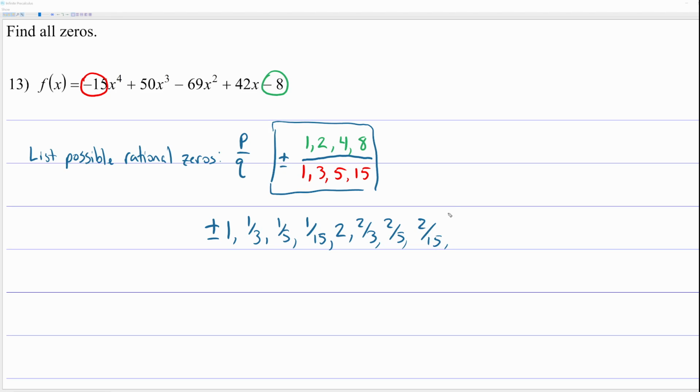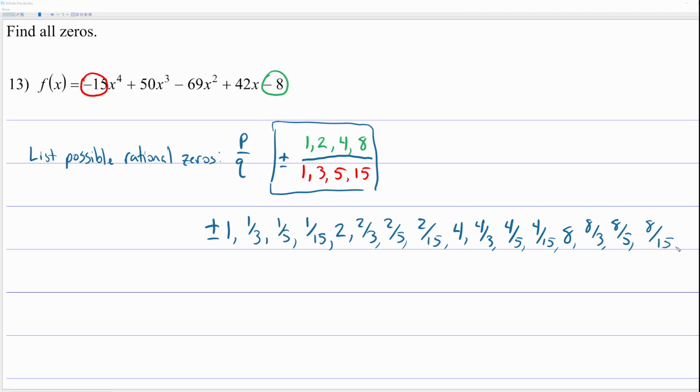Now we go on to 4. 4 divided by 1, 4 divided by 3, 4 divided by 5, 4 divided by 15. And now move on to 8. 8 divided by 1, 8 divided by 3, 8 divided by 5, and 8 divided by 15.